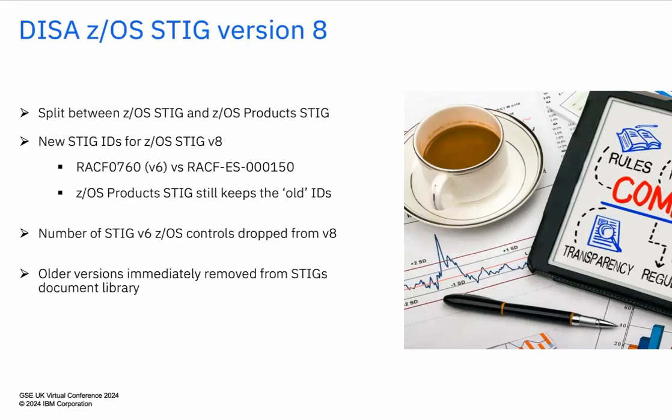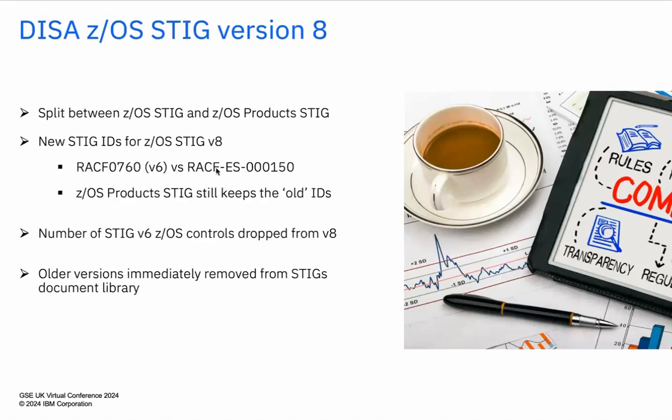For those used to working with the older version 6, it is very difficult to see the relationship between the old controls and the new controls. We have done a mapping ourselves, but in general there is no direct correlation, although a lot of the controls, of course, are reused. For the products, they did keep the old STIG IDs.